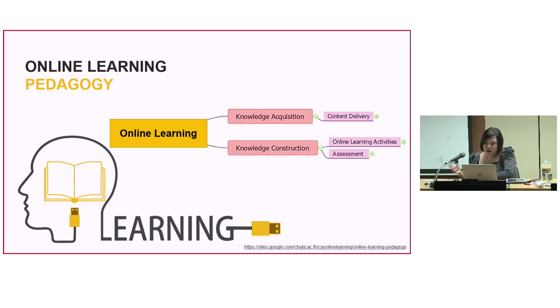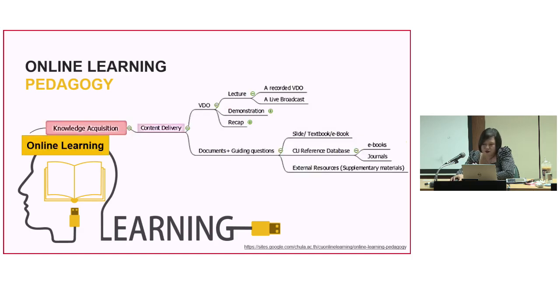So for knowledge acquisition, we do content delivery. And for construction, we have to design the online learning activity and assessment, which can help students to construct the knowledge through the activities and the tasks that we design for them.